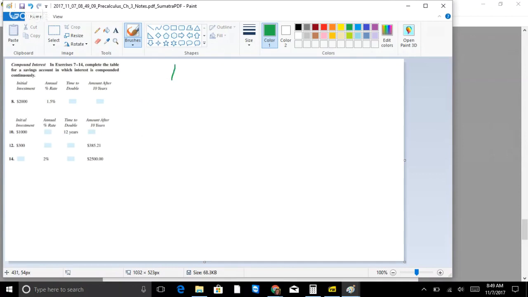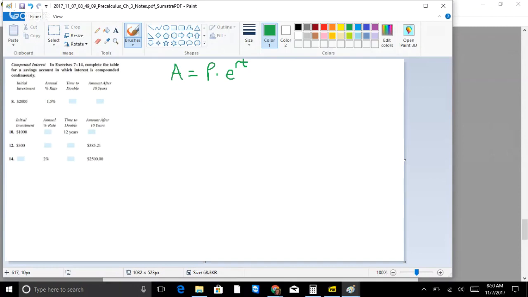The formula for continuously compounded interest is the current amount equals the principal times e to the RT. So it's PERT, right? Where P stands for the principal, R stands for the rate in decimal form, and T stands for the time in years.